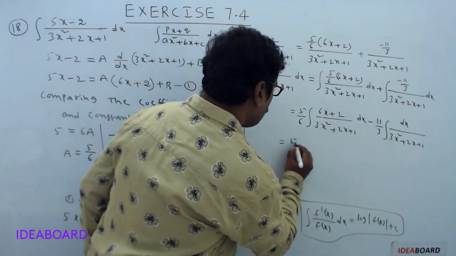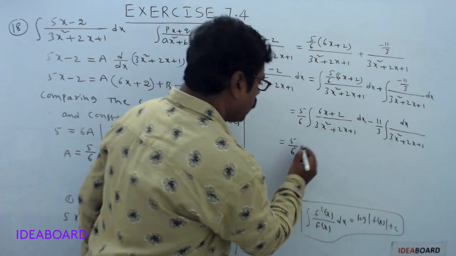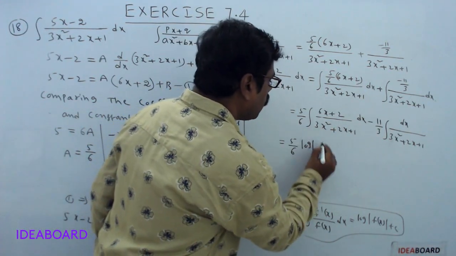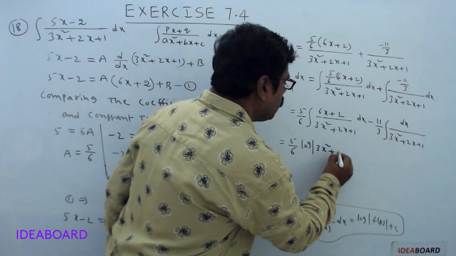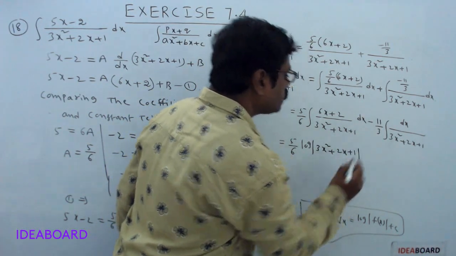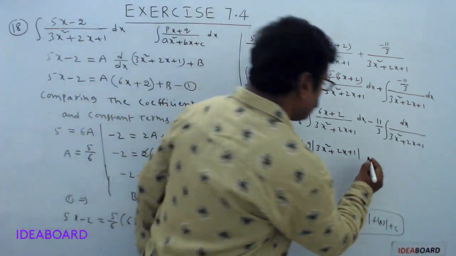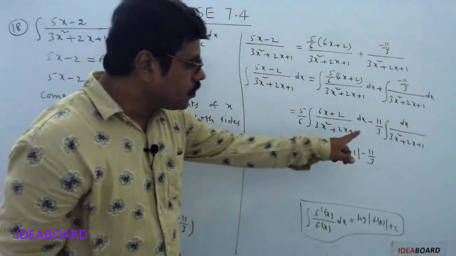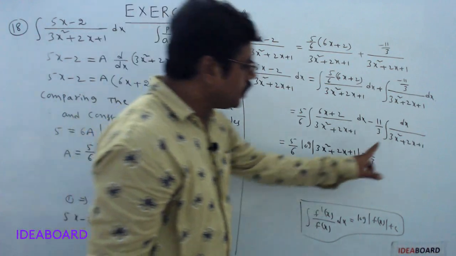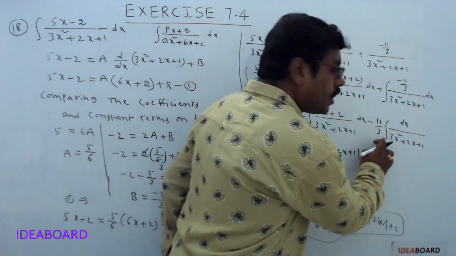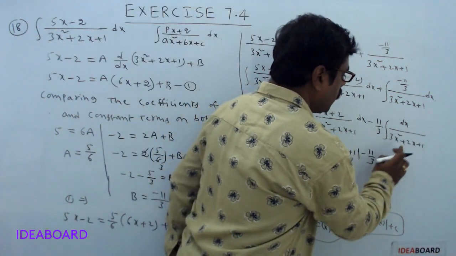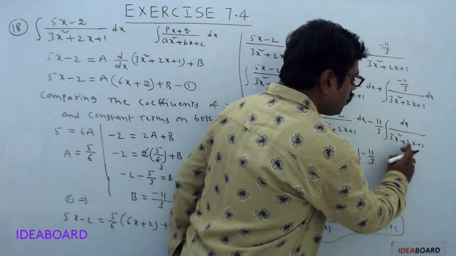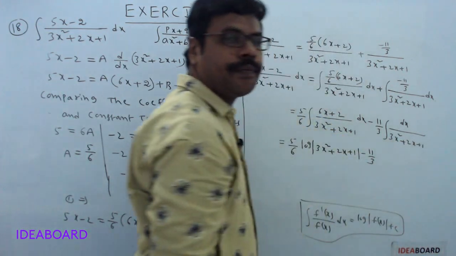So this is 5 by 6 into what is this value? Log mod 3x square plus 2x plus 1 minus 11 by 3 into, if you observe the second integral, it is of the form integral dx divided by ax square plus bx plus c.